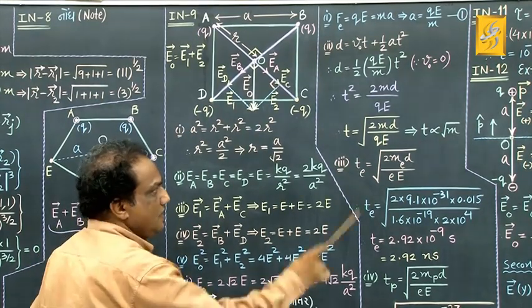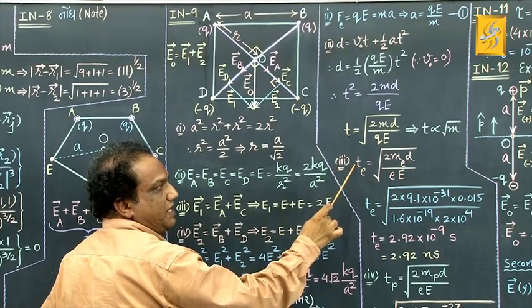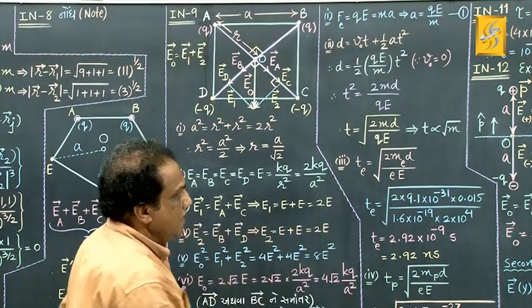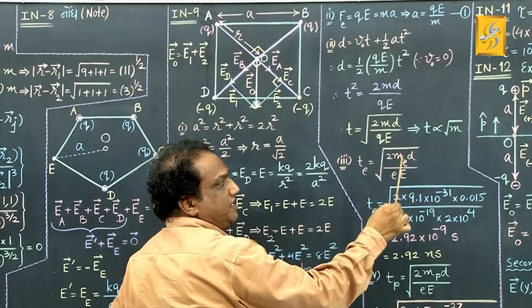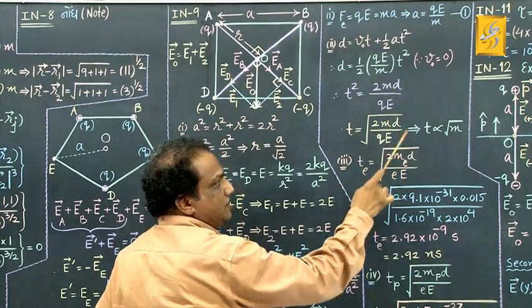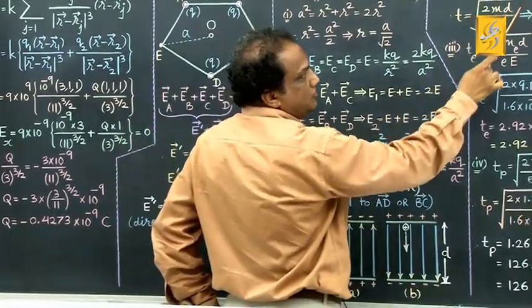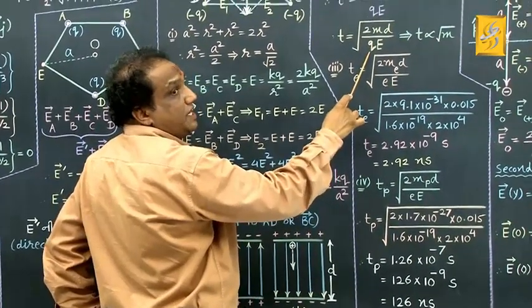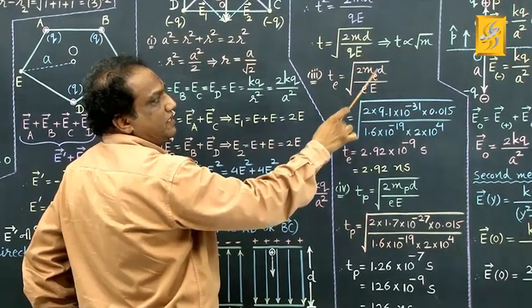proton. First of all for electron, so instead of T I am putting the symbol TE, time taken by electron. Under root of 2 as it is, instead of M I am putting ME, that is mass of electron. Distance D is same for both the particles, so D is same and constant, divided by Q, that is magnitude of charge of electron, which is small e, and this is given electric field.